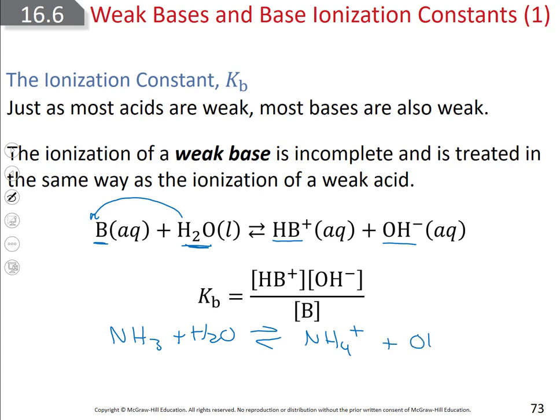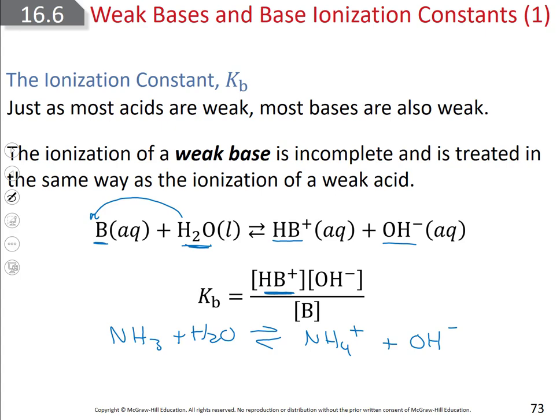Your equilibrium expression is still concentration of products over concentration of reactants, and we're still ignoring the water because it's a liquid. So it's going to be the conjugate acid of your base.